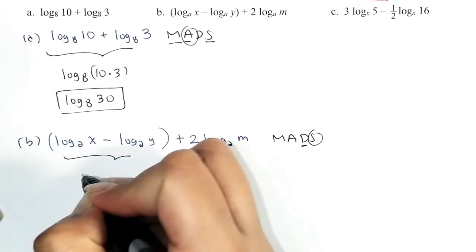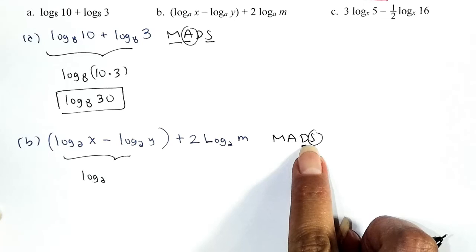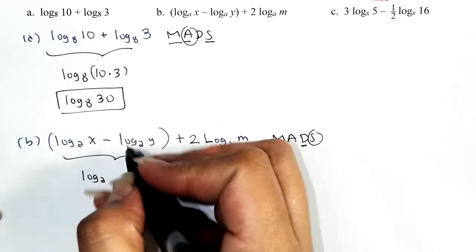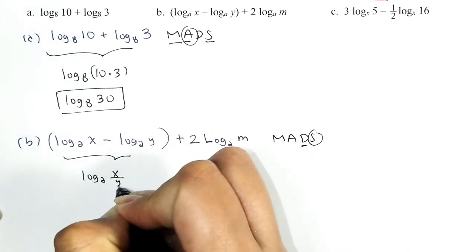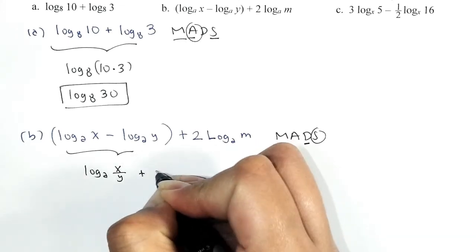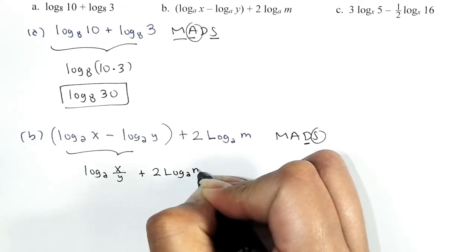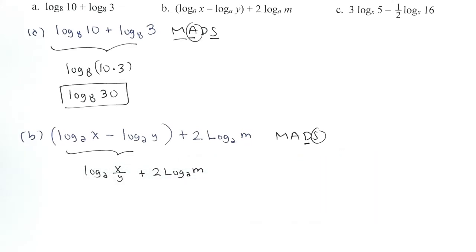We have logarithm base a, and we divide the argument, which gives us x over y. Why do we divide? Because that was our quotient rule for logarithms. Let's bring down the rest of the problem, plus 2 times log base a of m.